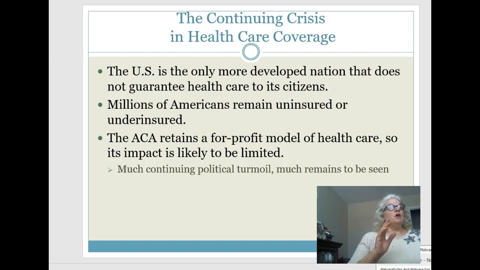The U.S. is the only developed nation that does not guarantee healthcare to its citizens. Millions of Americans remain uninsured, 10% of the country, which is smaller than we've ever had before. And the Affordable Care Act remains on a for-profit model for the insurance companies that provide care.